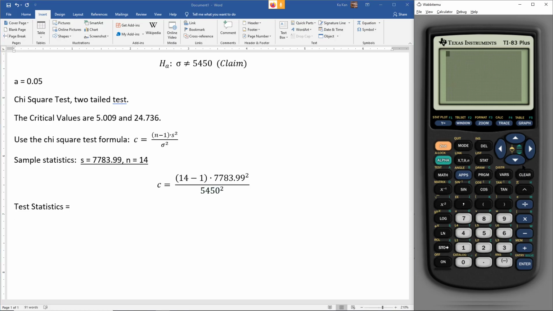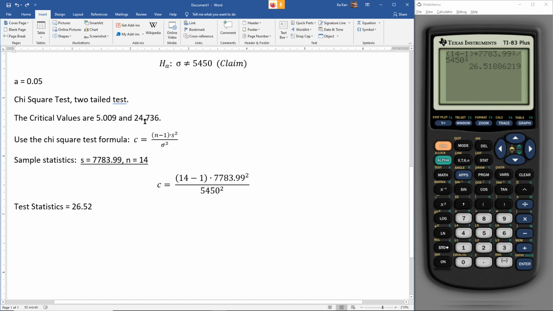So that will be parenthesis 14 minus 1, close parenthesis, times 7783.99 squared, then divided by 5450 squared. And I have 26.52.